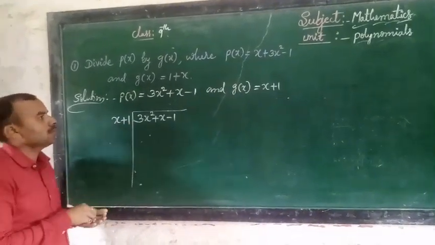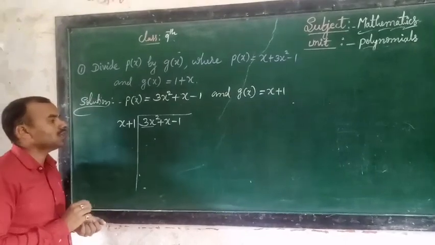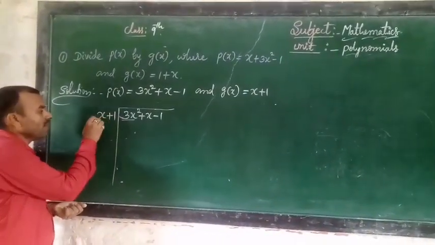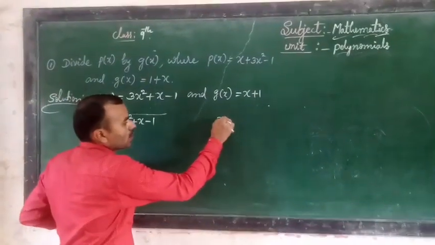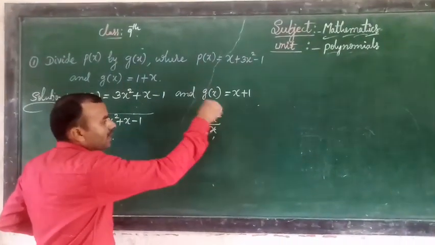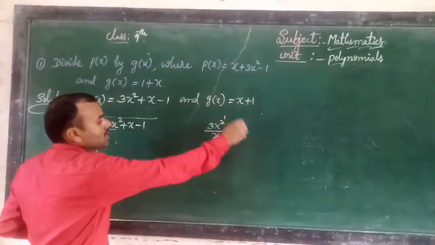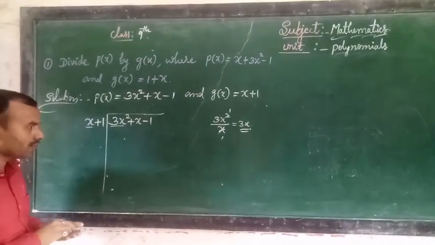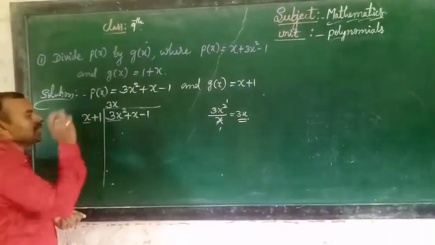Now in this problem we divide the first term of the dividend by the first term of the divisor. 3x square by x, we get 3x. This quotient is written in the place of quotient, 3x.